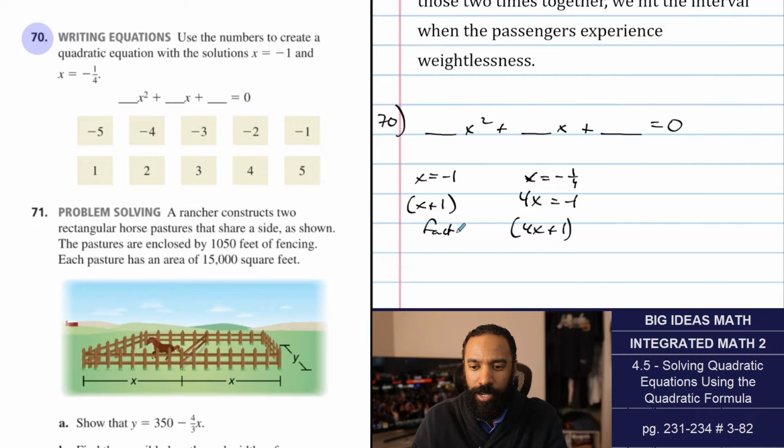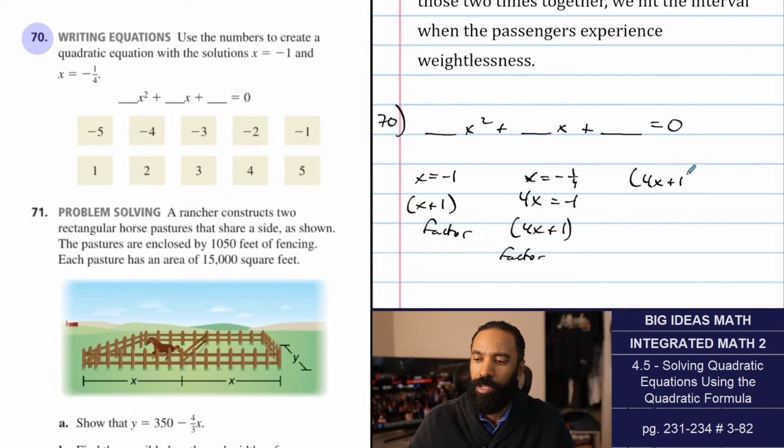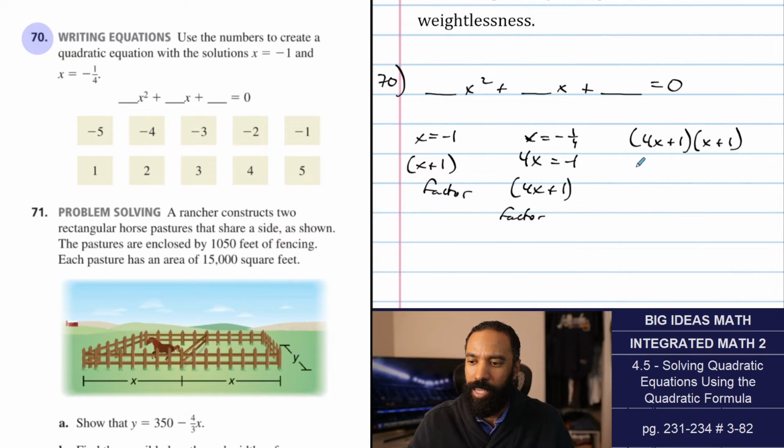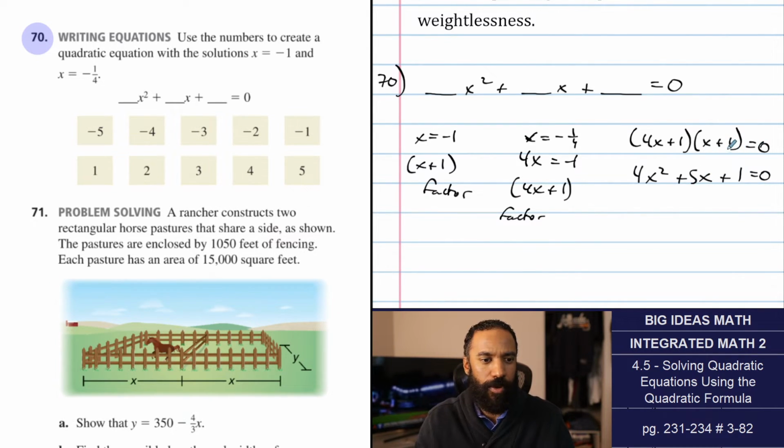So factor and factor. For an equation, I could say 4x plus 1 times x plus 1. So here's one I could write. If I FOIL this out, I'll get 4x squared plus 4x plus 1x is plus 5x plus 1 equals 0. So that's one version.